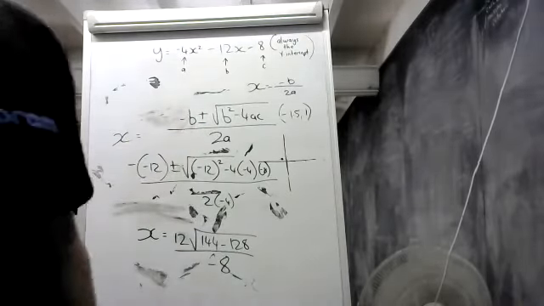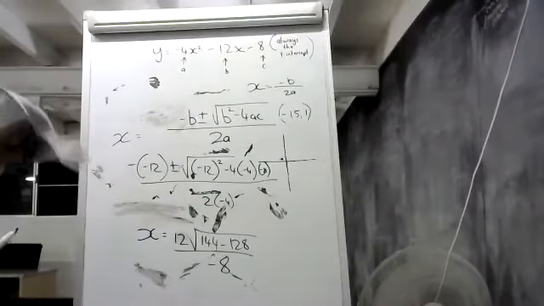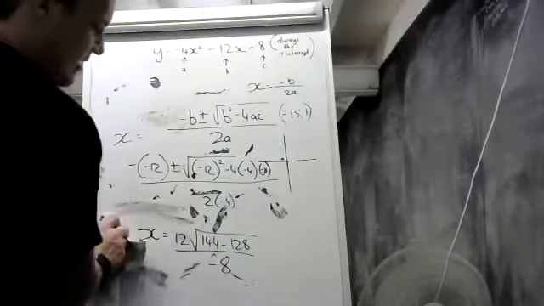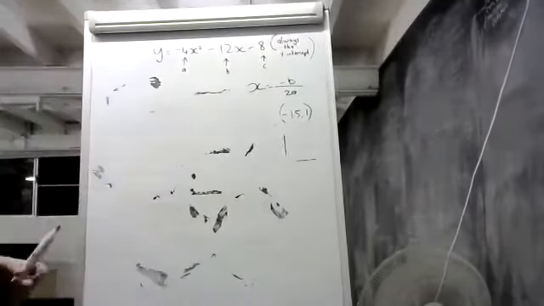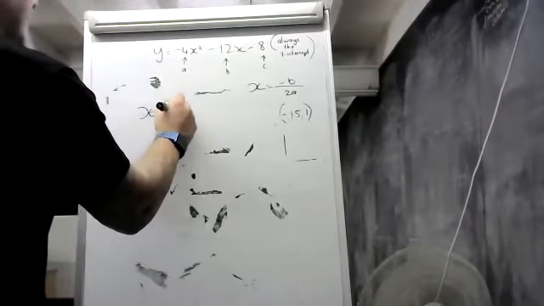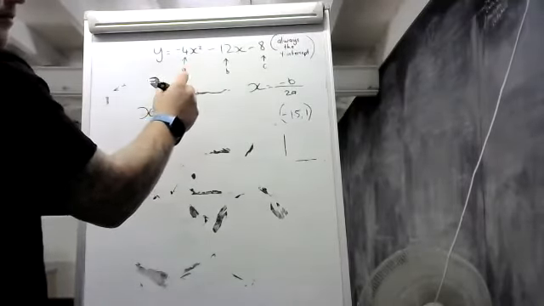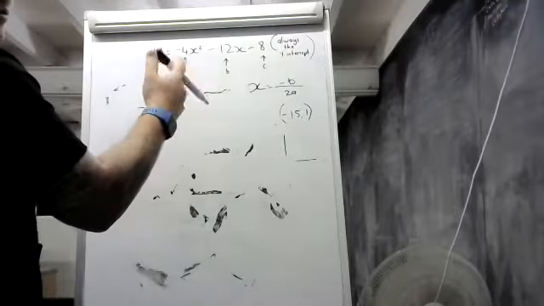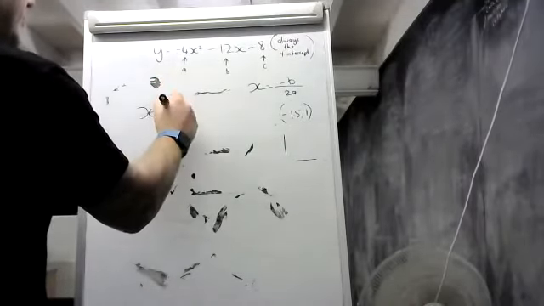I need a bigger whiteboard. So we've got 12 to the power of 16 minus 8. I can remember that. Oops, sorry, one blank there.